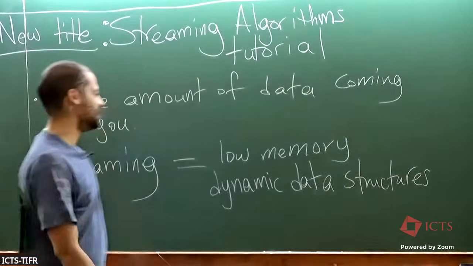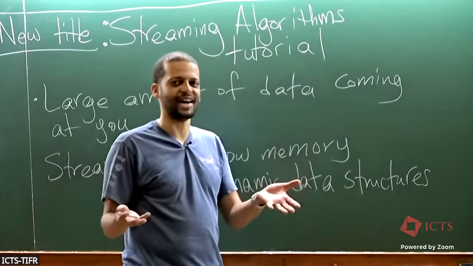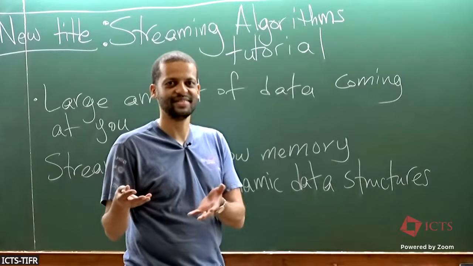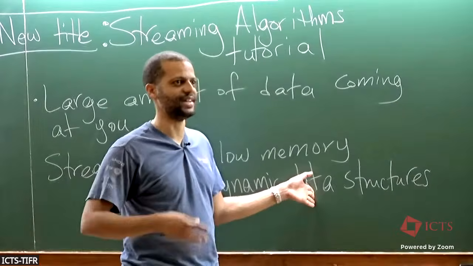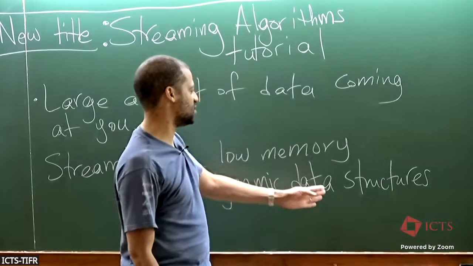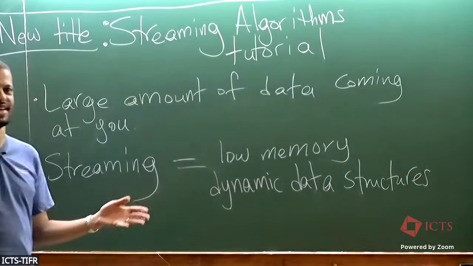For people who aren't familiar with the jargon, a data structure is just a way of organizing data in memory so that you can query it later. A dynamic data structure means the data is allowed to change. You're allowed to insert data, delete data, change data. And we want a data structure that uses sublinear memory, so it actually doesn't remember most of the database.